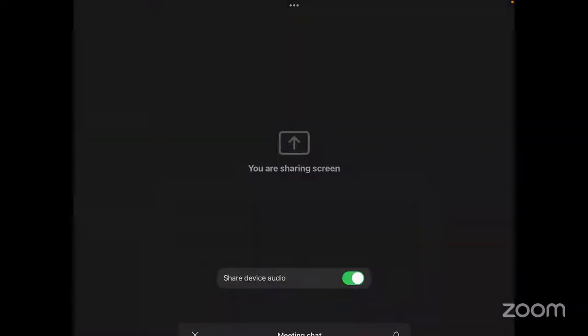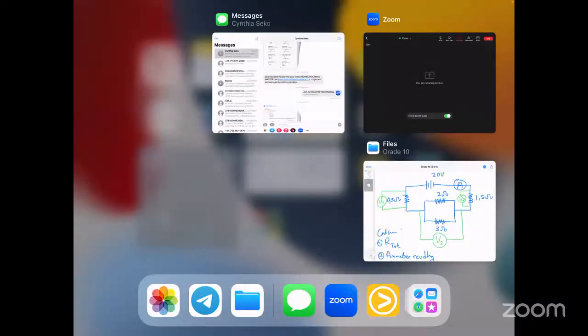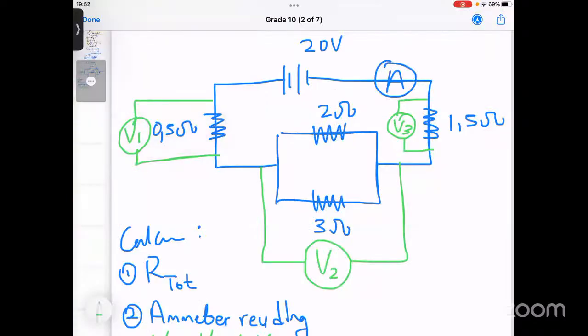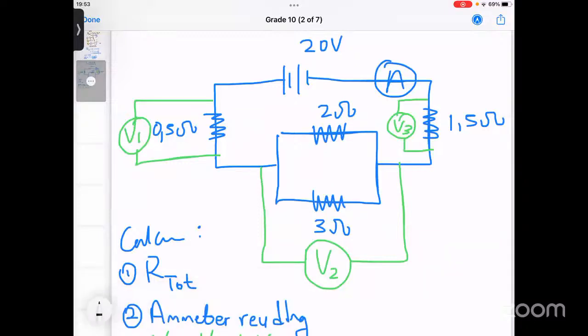Okay, it looks like we still have some questions for R total. While you guys work it out, let me quickly try to show these guys how you work out the R total. So we said the formula for R parallel is 1 over R1 plus 1 over R2.